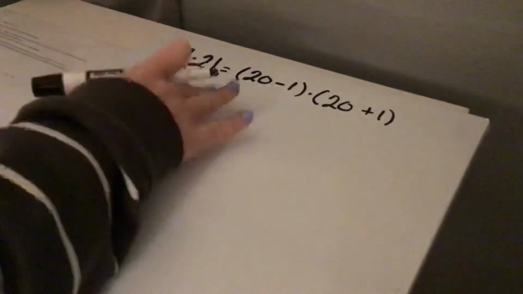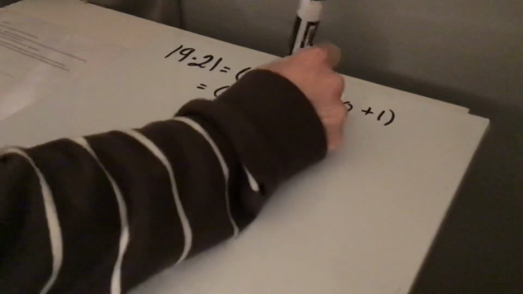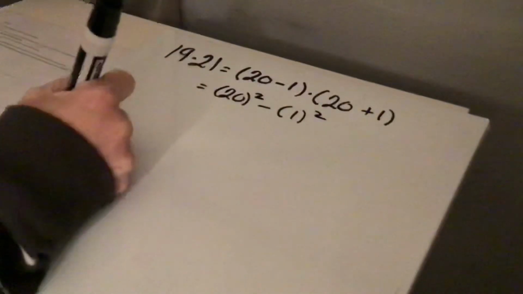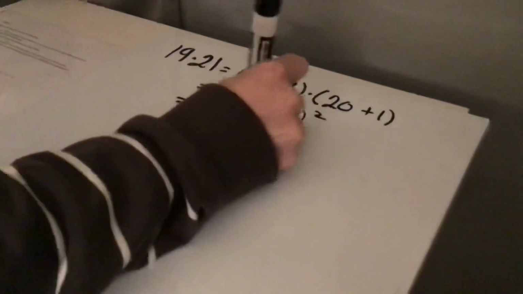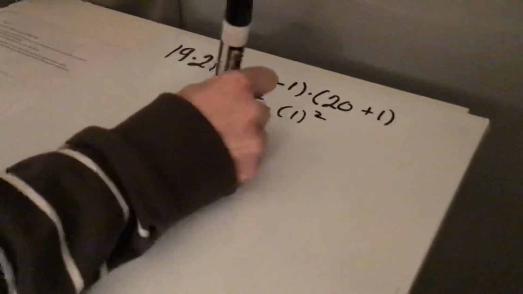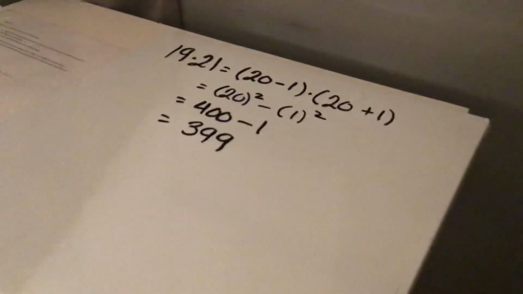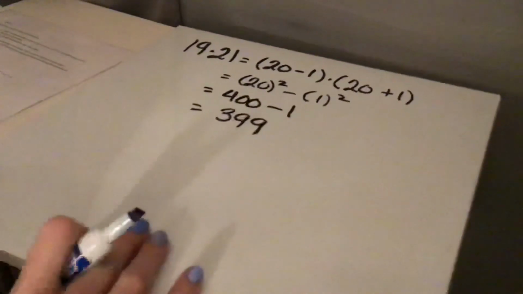So then I'm going to say it's a special pattern, sum and difference pattern, that ends up being the first one squared minus the second one squared. 20 squared is just 400. 1 squared is 1. 400 minus 1 is 399. So I was able to do that in my head without having to pull out my calculator, without having to use long multiplication. Okay, I was able to do it in my head.